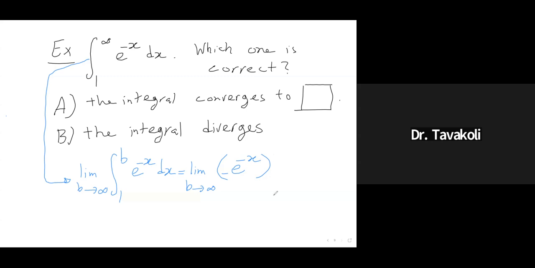And then we evaluate at these two limits of the integral. So this becomes the limit as b tends to infinity. The evaluation of minus e to minus x at b is minus e to minus b, minus the evaluation of this at 1, minus e to minus 1.